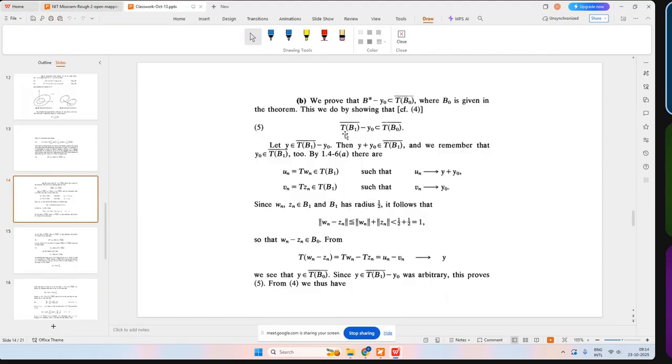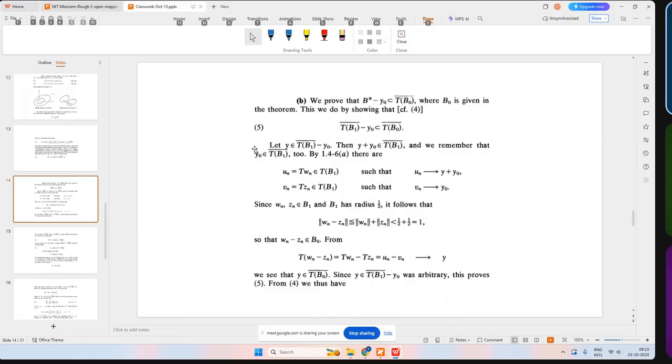So how do you show that? I hope you understand B1. B1 is a ball of radius half, 2 raised to minus 1. Now let y belong to TB1 closure minus y naught. That is, y plus y naught belongs to TB1 closure. We remember that y naught is in TB1 closure too.